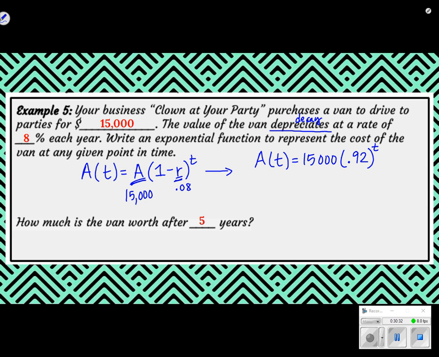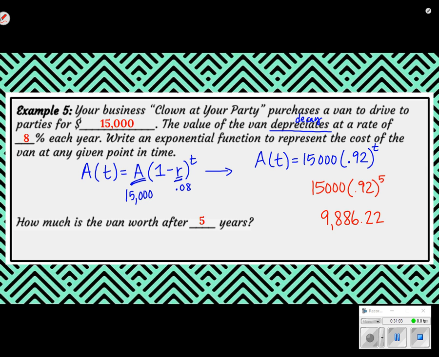We're ready to roll. We're going to figure out how much the van is worth after 5 years. So we're going to plug a 5 into the t exponent, and we're going to stick it in a calculator. 15,000 times 0.92 to the 5th power, and we get, now this is dollars, so you don't keep going with the cents.